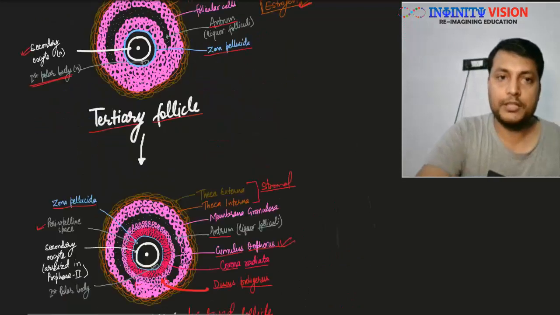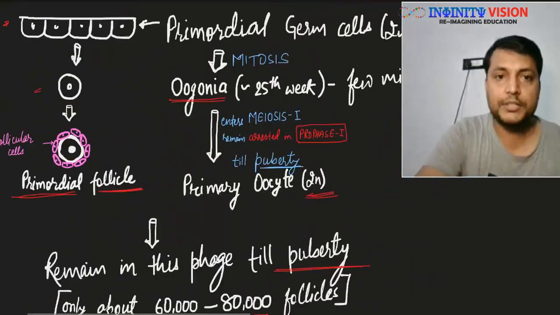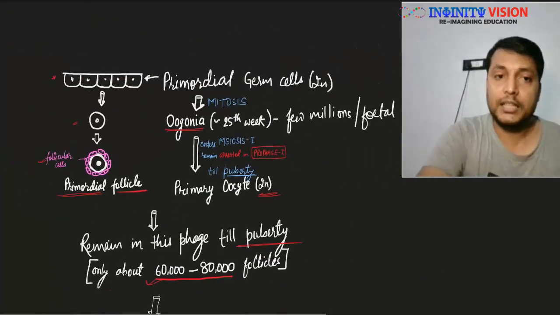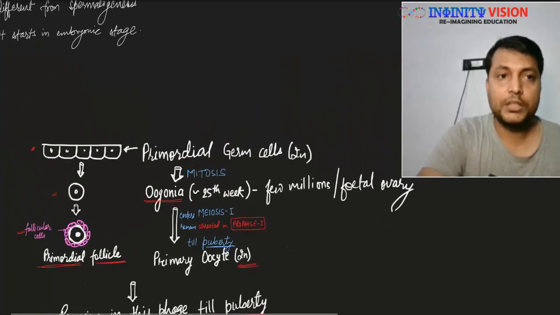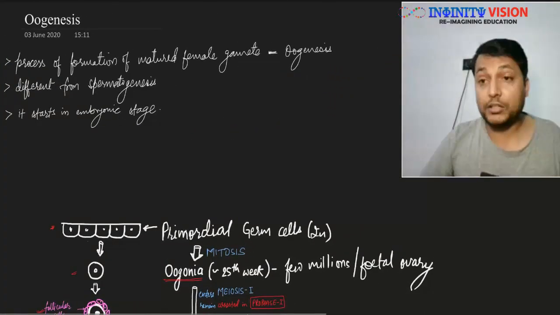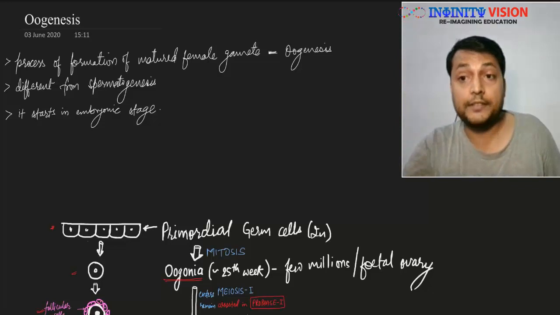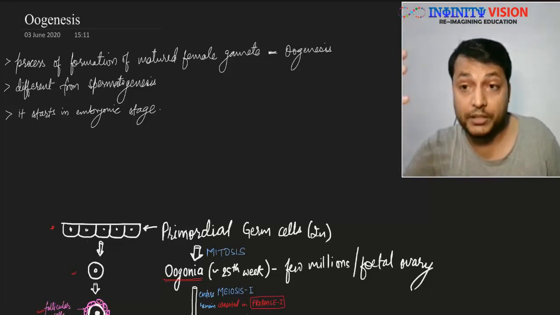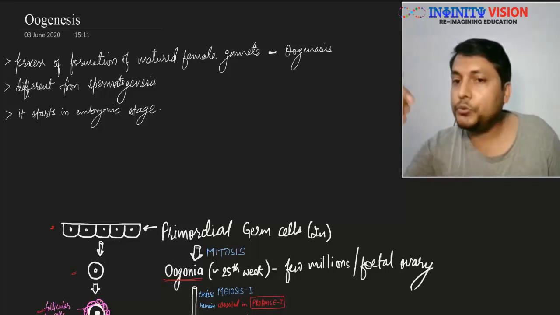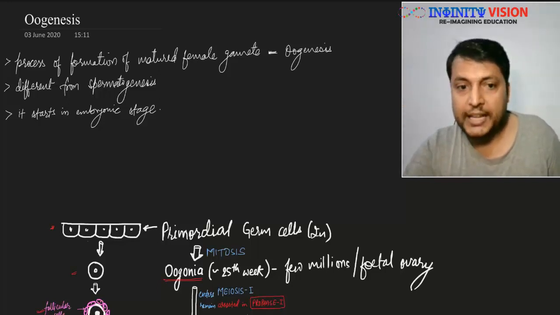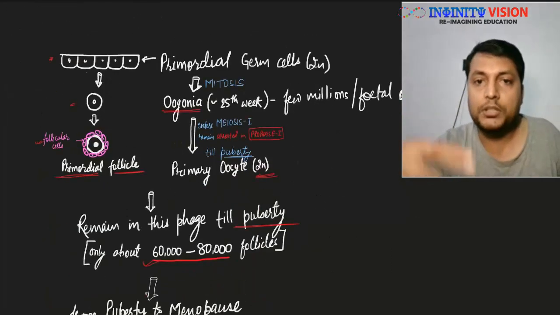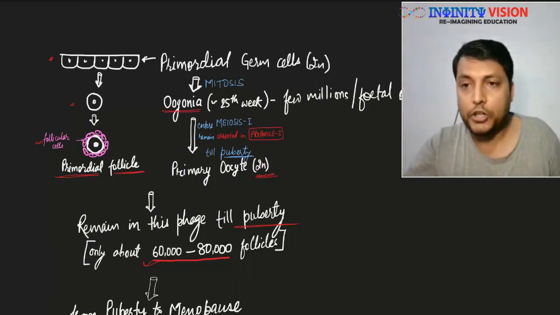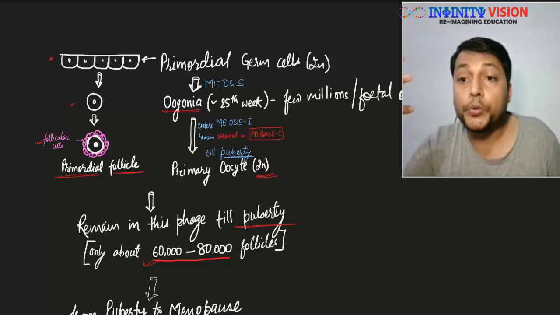Let us revise once again what we have seen. In case of oogenesis, the process starts very early in the life of a female child, when she is still in her mother's womb, in her fetal condition. The process of oogenesis is initiated, and at that time the primordial germ cells undergo mitosis to form oogonia.